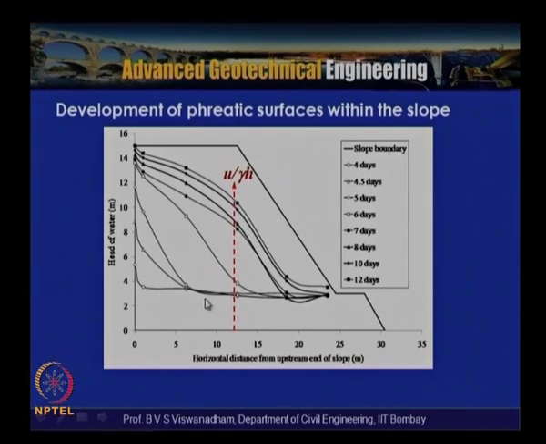You can see here on the fourth day, this is the slope boundary, and the phreatic surface is only this. As the flow takes place and the head is raised, you can see that the phreatic surface climbs up.